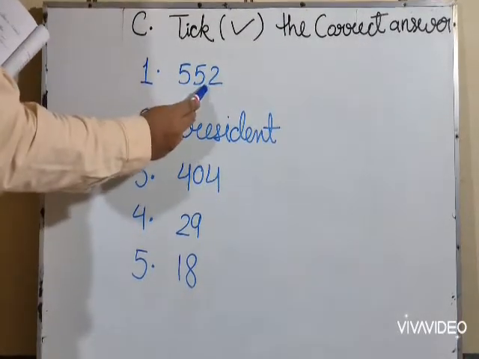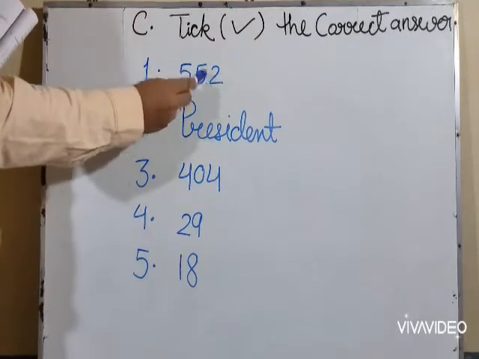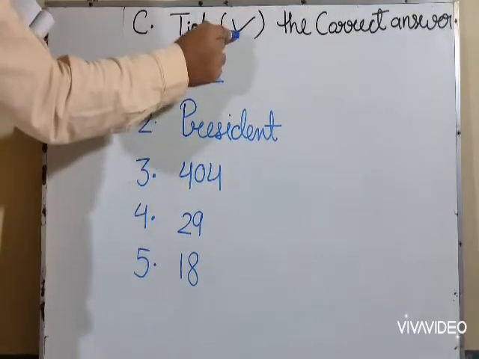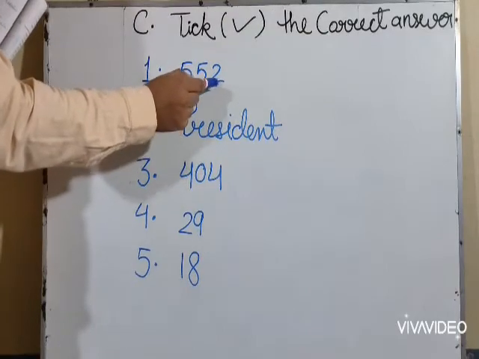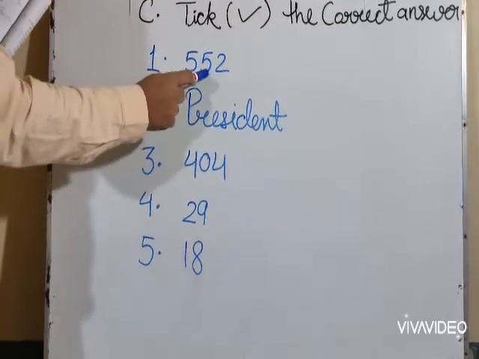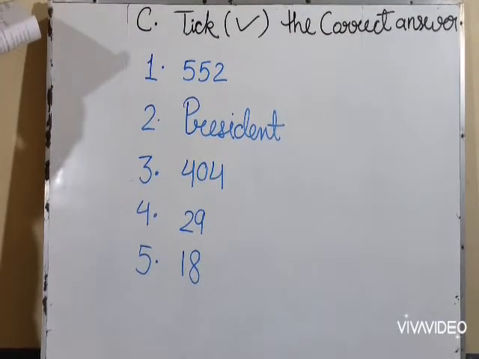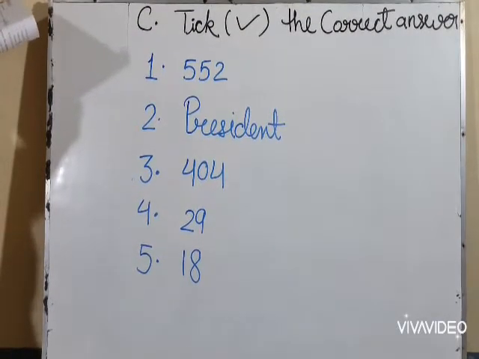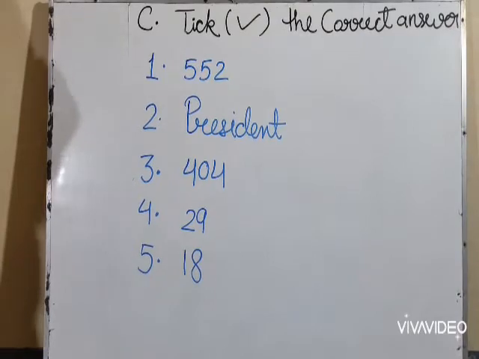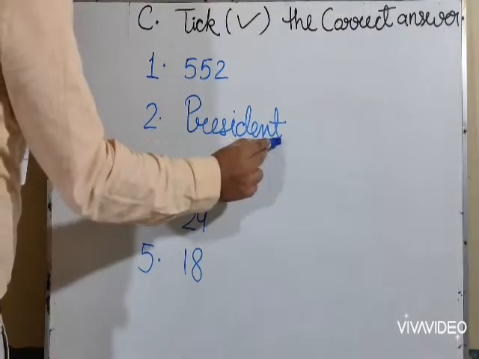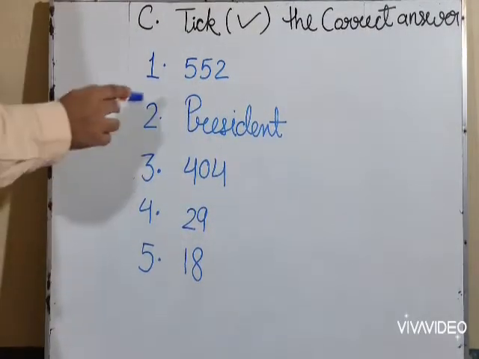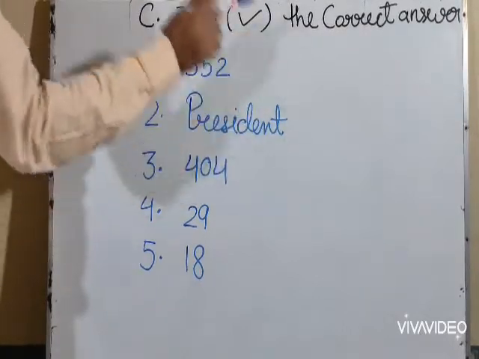Answer is 552. So dear students, put a correct mark in your book in front of 552. Now next question is, who nominates 12 members in the Rajya Sabha? The answer is the President.